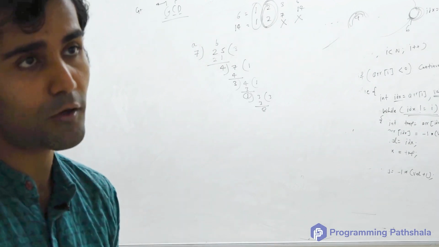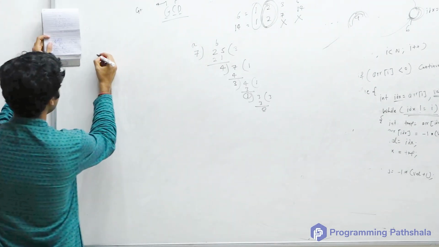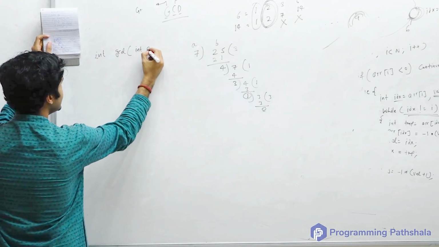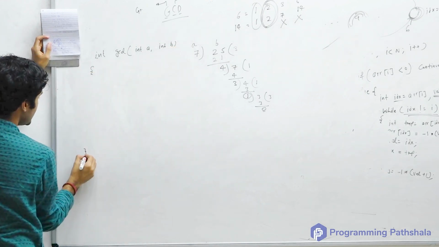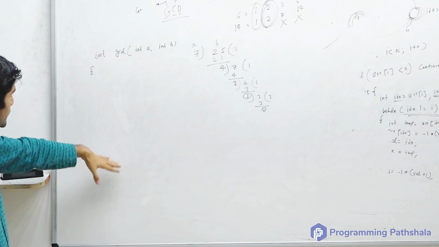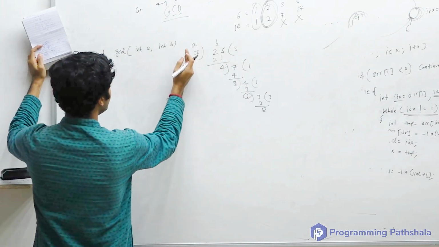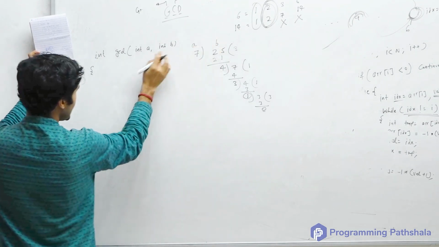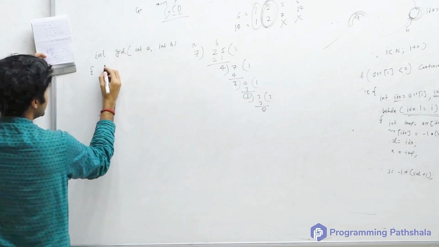There is a recursive way also to do that. Recursive way is also simple. Let's say this is a GCD function that takes in int a, int b. Although we will study recursion later, to tell you a bit about it: first you will determine the maximum of both and the minimum of both, so that you can decide what is the dividend and what is the divisor.